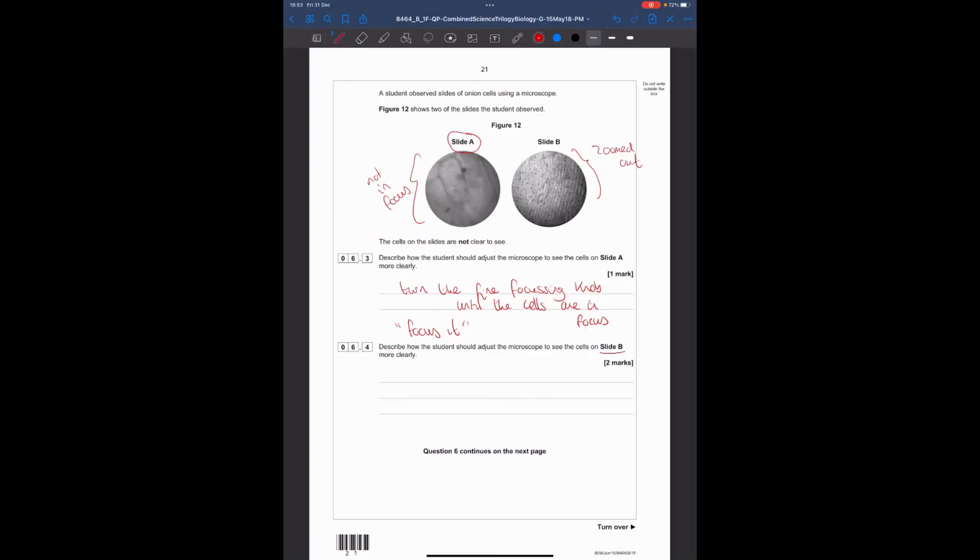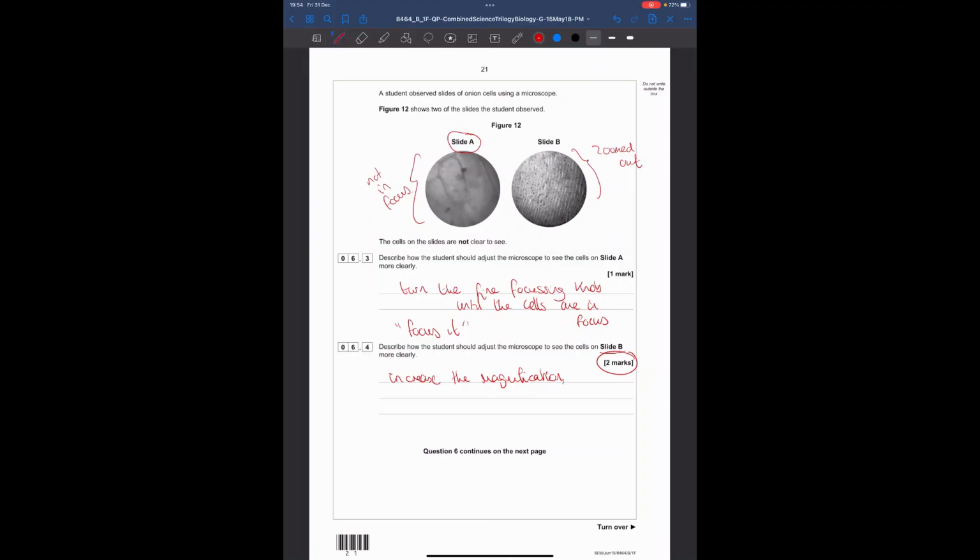Okay, now we've got 2 marks on this one, so we need to add a little bit more detail. So we obviously know we need to magnify it, okay, and that would get us 1 mark. So increase the magnification, but then we would need to describe how to do this. So we should know on the microscope that our different lenses are called the objective lens.